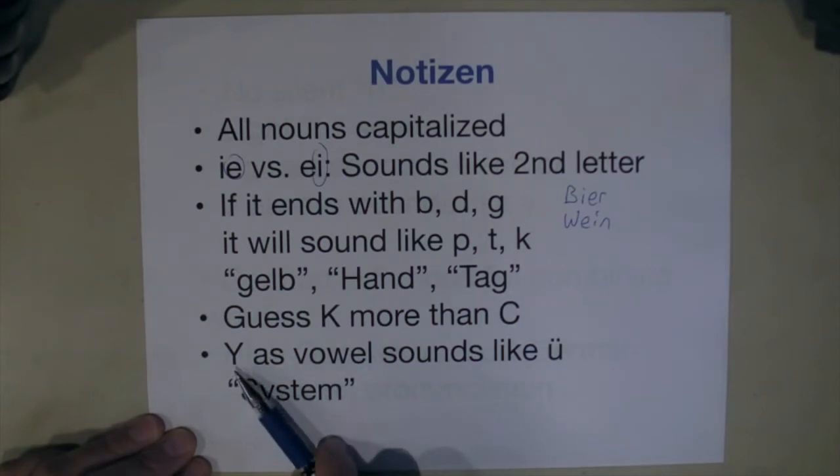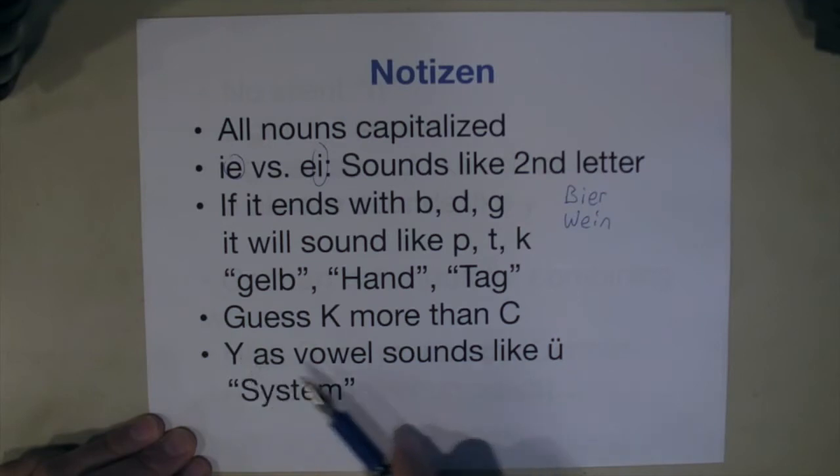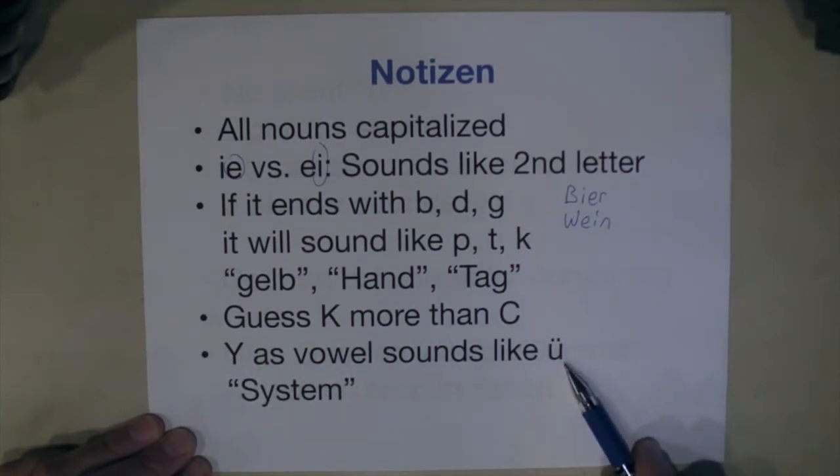The letter Y, like in English, can be used as a vowel. Not often, but it does get used. When it is used as a vowel, it will sound like a U umlaut. So let's look at this word, which is a German word.